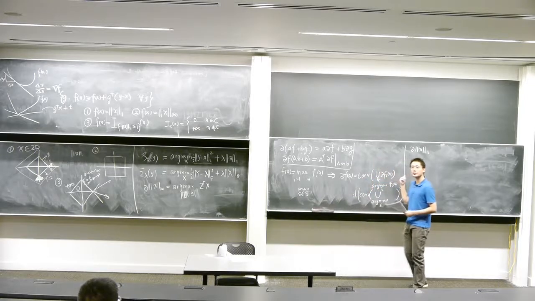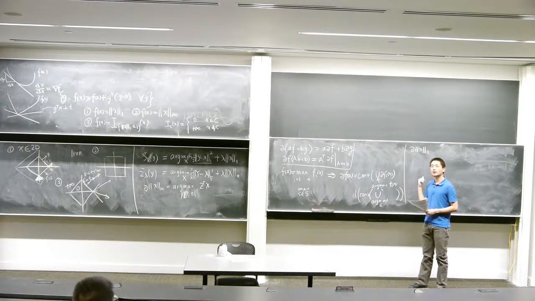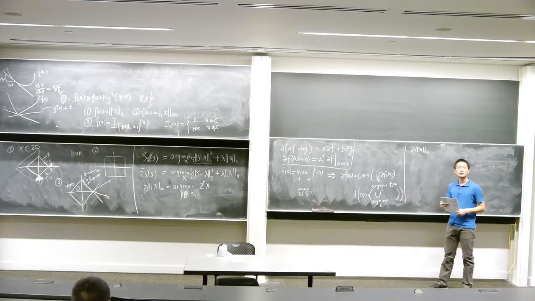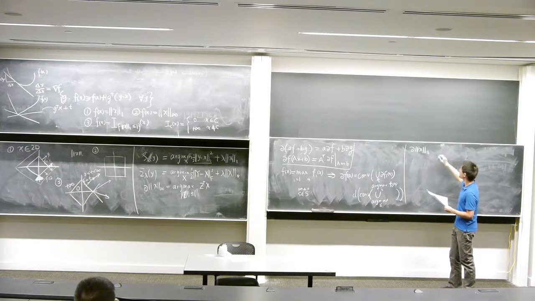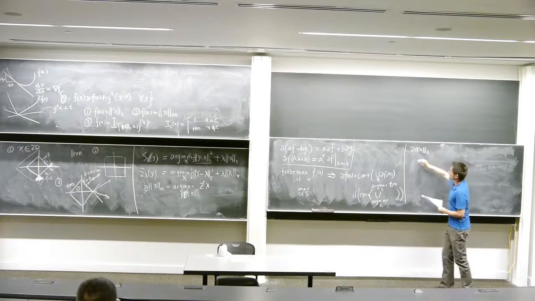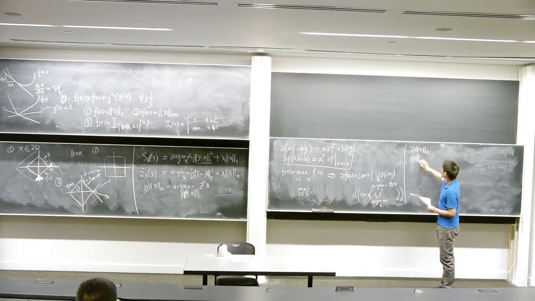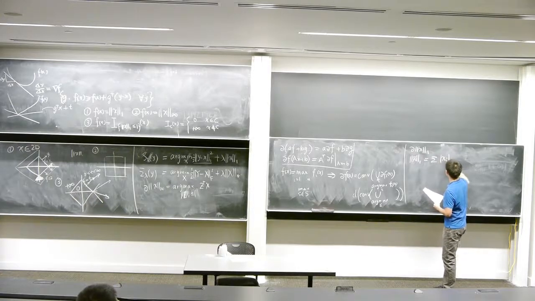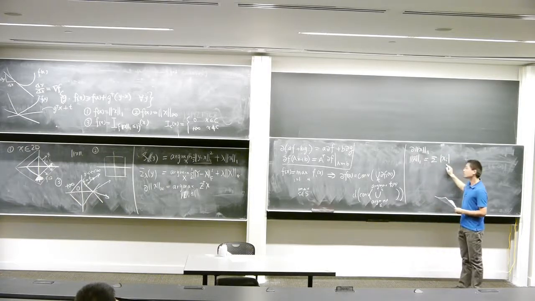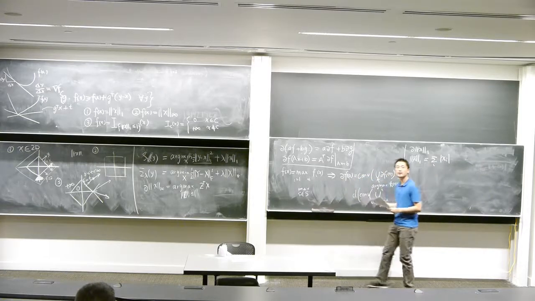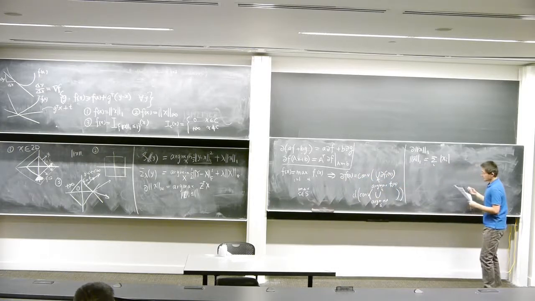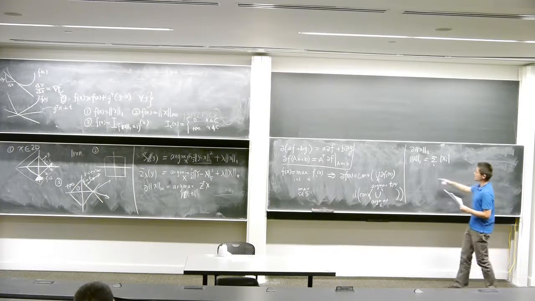Has Ryan talked about this in class? No? But it's pretty straightforward, right? Because your function value, the L1 norm, is a summation of the absolute value of every index. So it's just this condition. And so you can basically apply it.